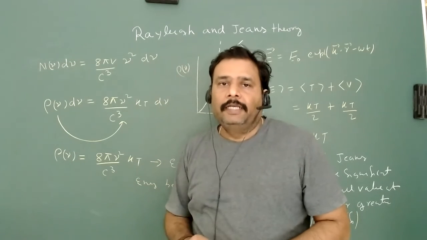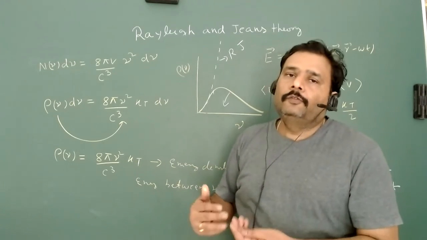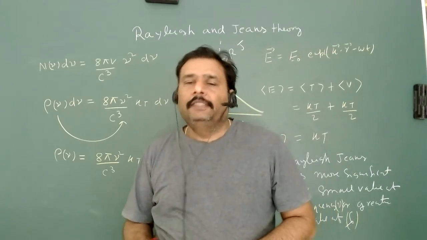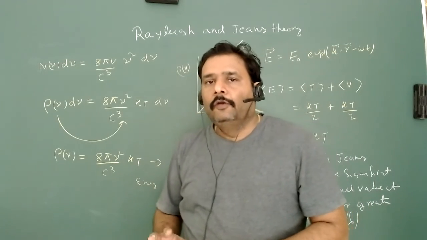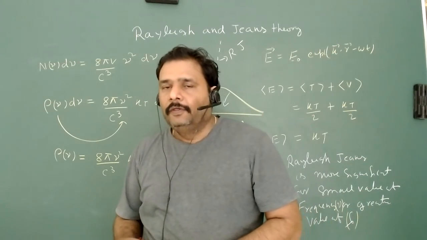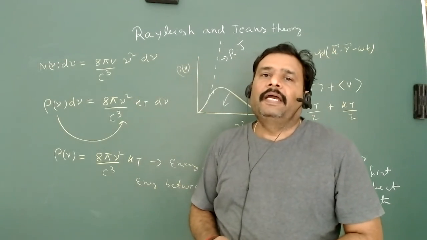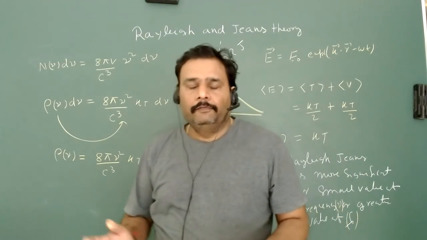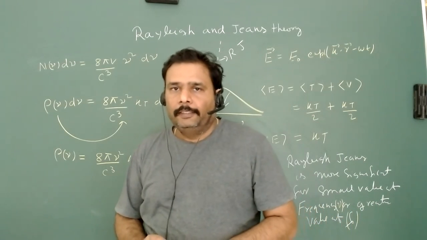It is not explained by Rayleigh Jeans. So let's go to another theory, given by Wien. Let's see what Wien tried to explain, and then we will go to the complete theory of Planck's distribution law, and see how Planck gives the complete theory of black body radiation.